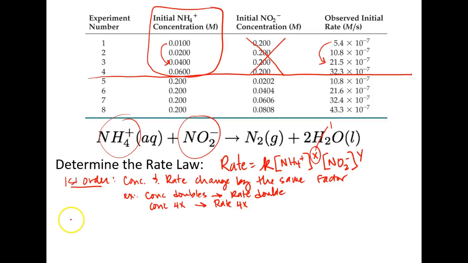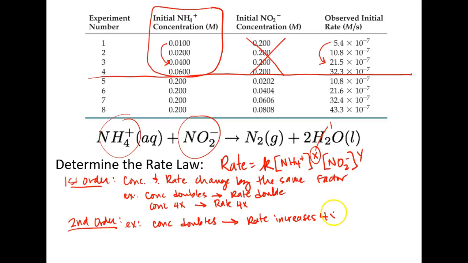That's first order. If we were to see something that was a second order reactant, a good example of that would be, let's say the concentration doubles and the rate increases by 4 times as much, because doubling is a factor of 2 and 2 squared is 4.